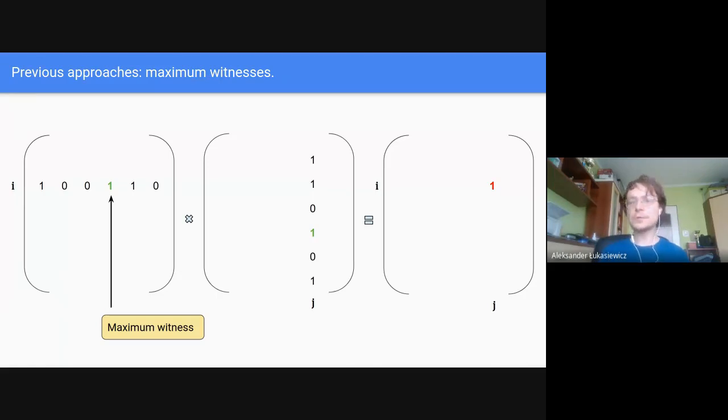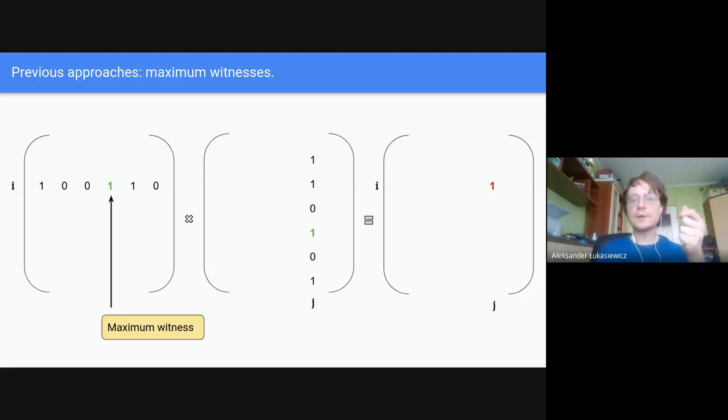This non-zero entry can come from many different multiplications of two ones that we could get, right?